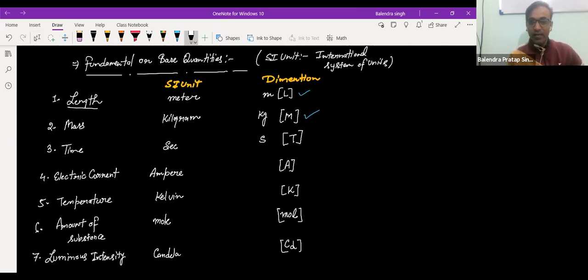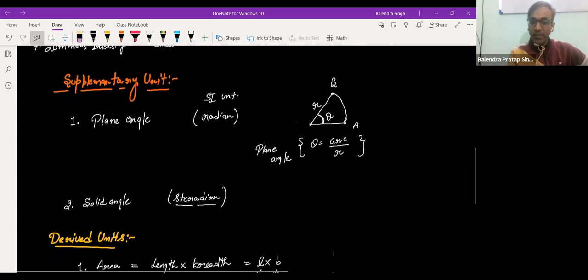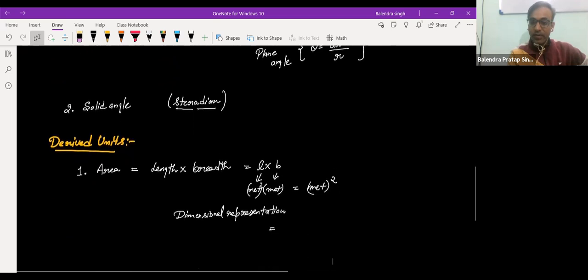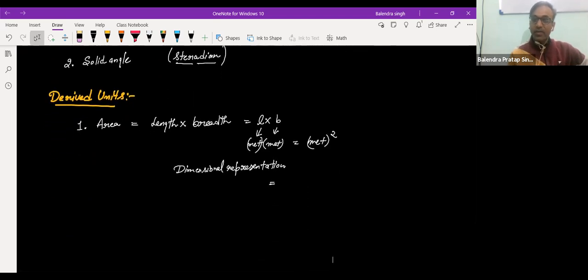For length, meter, I use capital L. Capital M is for mass. So if capital L is the representation of length, which is meter, then here meter means L and another meter, so L the whole square. Is it clear? Yes, sir.